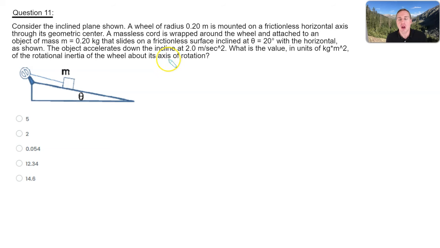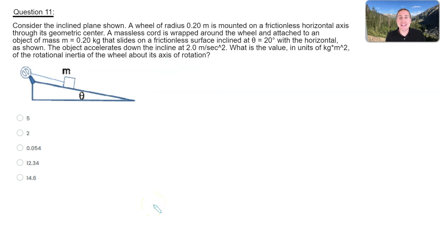Okay, so in order to do this problem, here's what we have to consider. There's a connection between the linear variables and the rotational variables. So how are we going to relate these things together? How are we going to relate the rotation of the wheel with the mass that's sliding down?